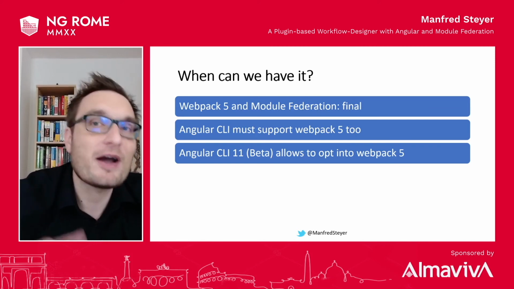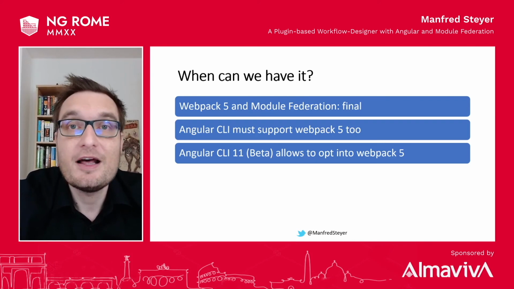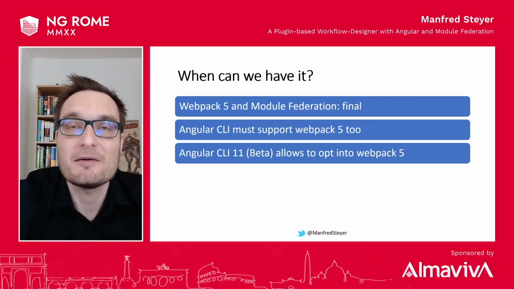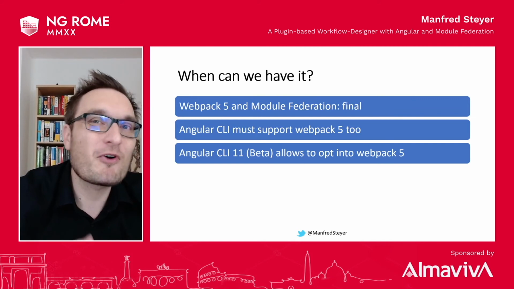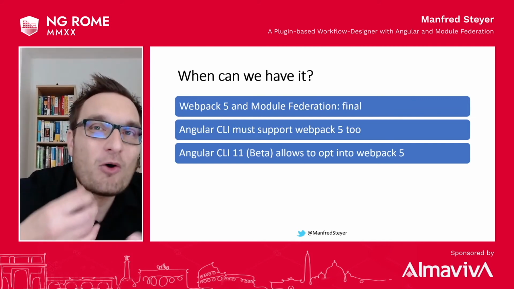If you want to find out how this works, please look up the README of my plugin. I've described it there. The thing is, currently Webpack 5 is not perfectly supported by the CLI beta, and so it is more for playing around with it and for getting a feeling how it will work.